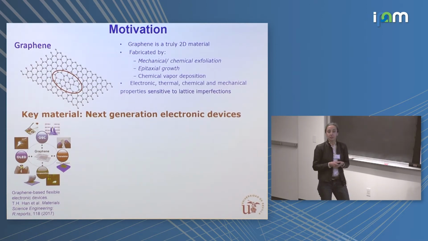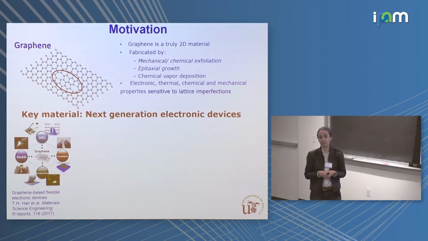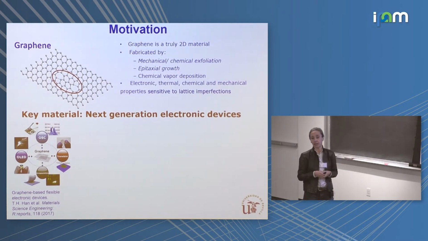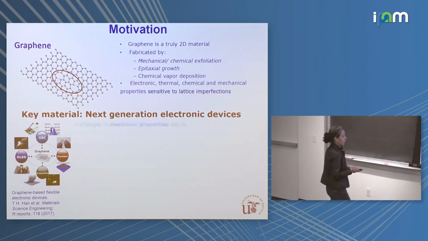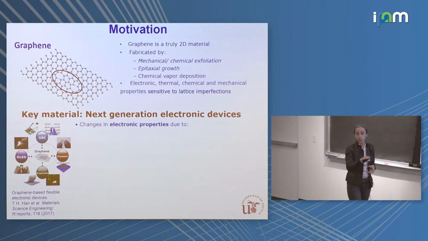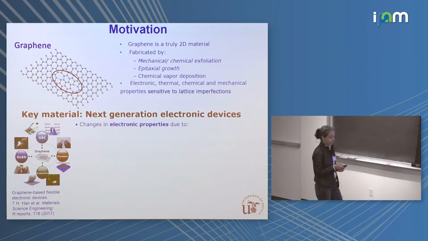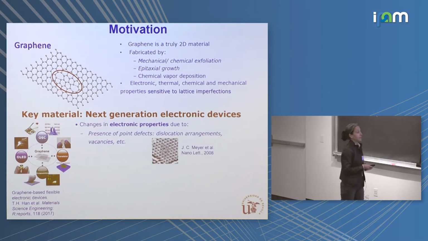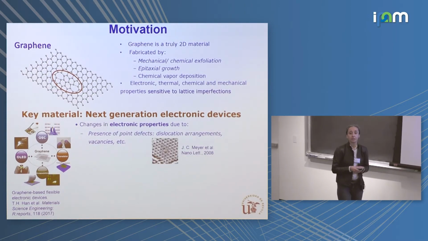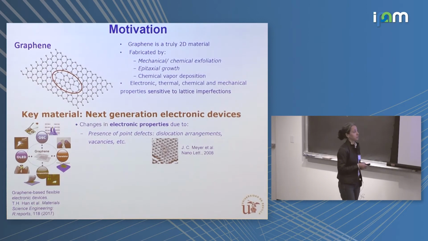So once we identify defects, what we are going to do at the end is to see which of them are more interesting, what kind of defects are interesting for these kind of electronic applications. In order to end up at this point, you need to identify what defects are going to change the electronic properties.